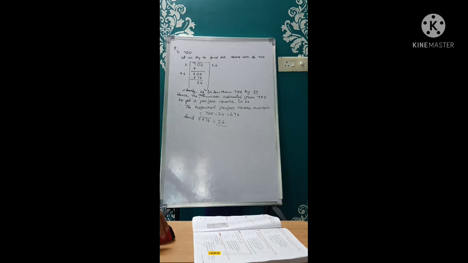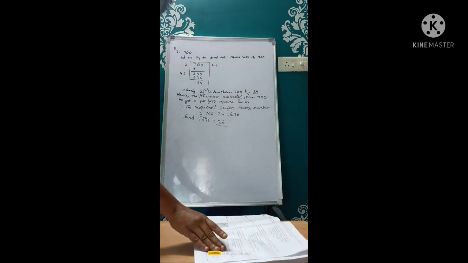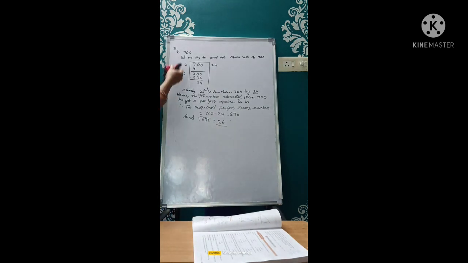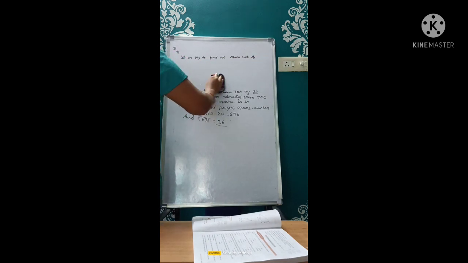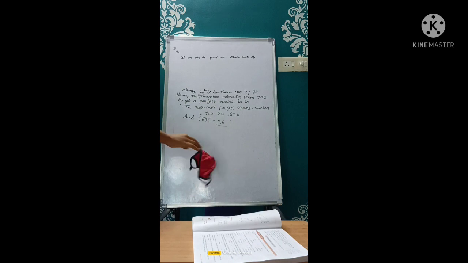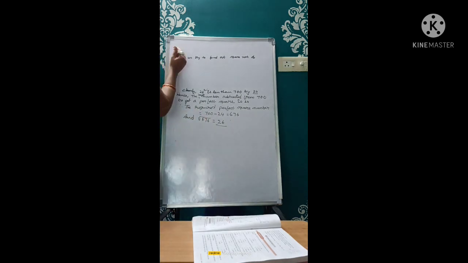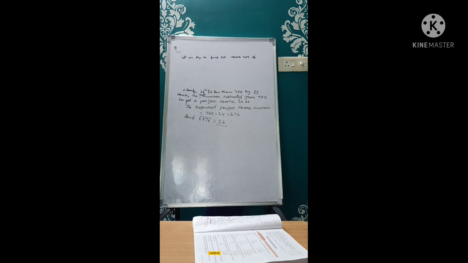Okay, I will discuss one more. Now question number 4. Find the least number which must be subtracted from each of the following so as to get a perfect square.